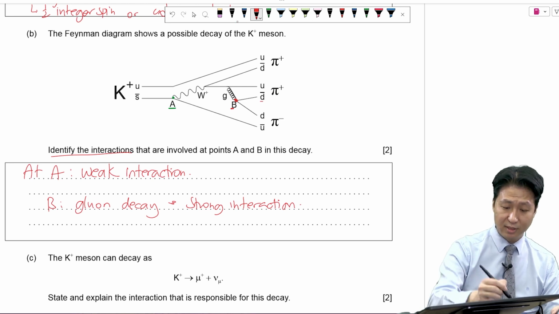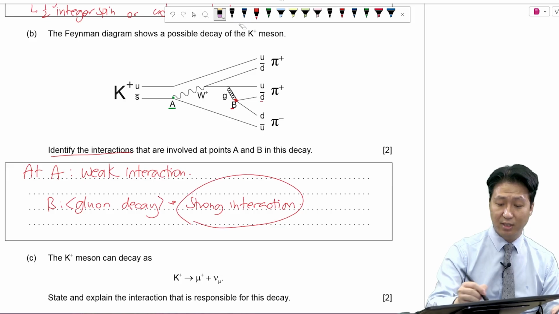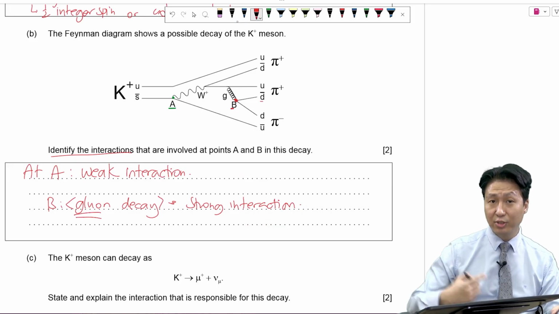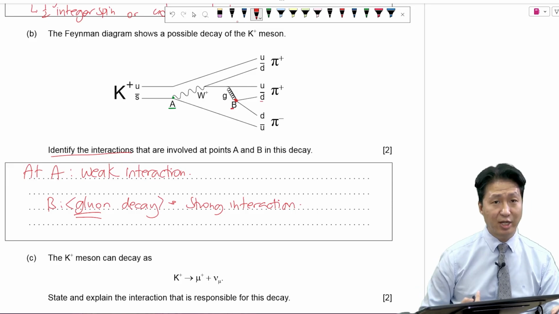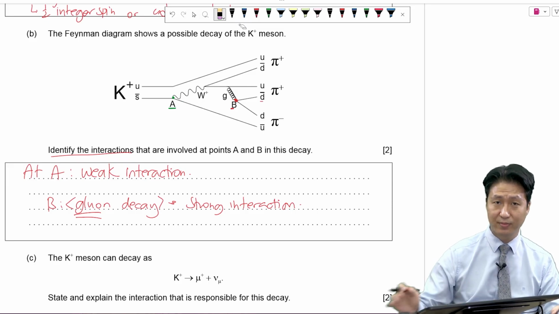Now, the fact that it's a gluon decay is not necessary. All you have to say is that it's a strong interaction. The reason, of course, is gluons are only applicable to strong interactions, the same way as W bosons being only applicable to weak interactions.